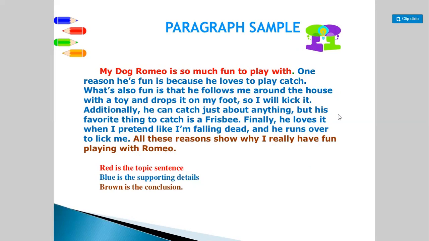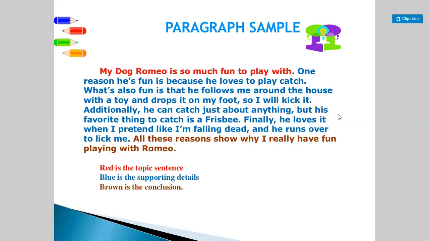Finally, he loves it when I pretend I'm falling dead and he runs over to lick me. So these blue sentences were your supporting details. In these sentences, the writer explains why the dog is so cool and what he does with this dog. This is the explanation and justification of his ideas.